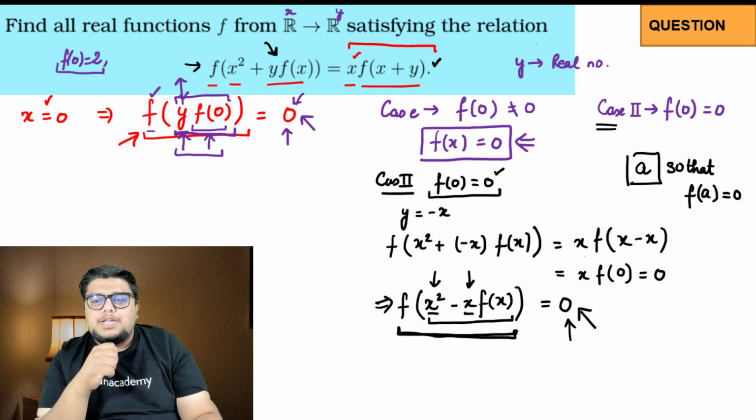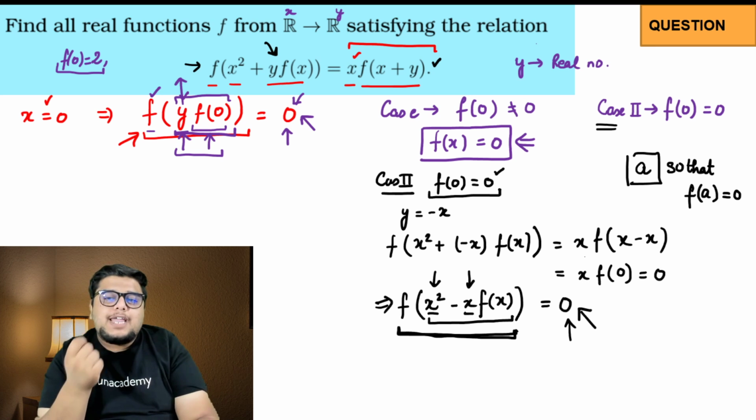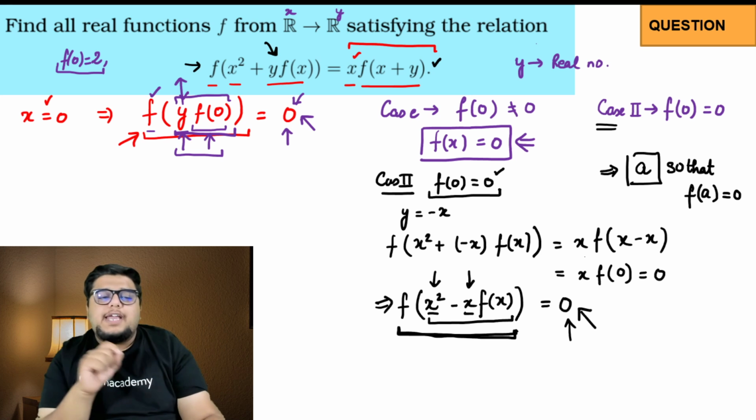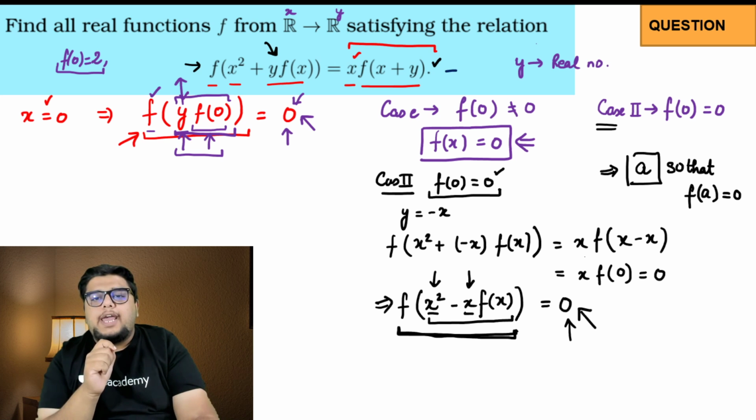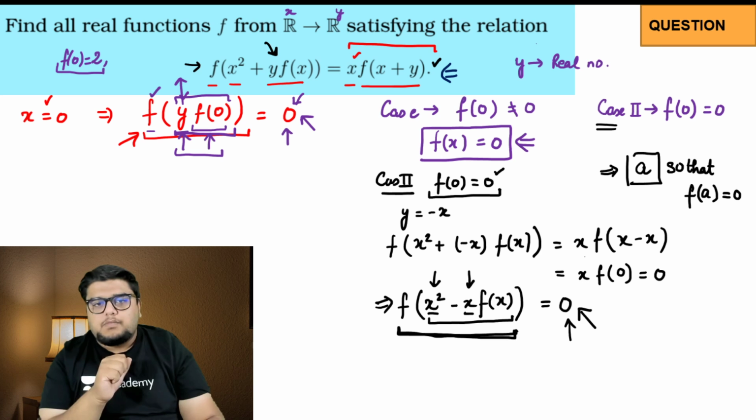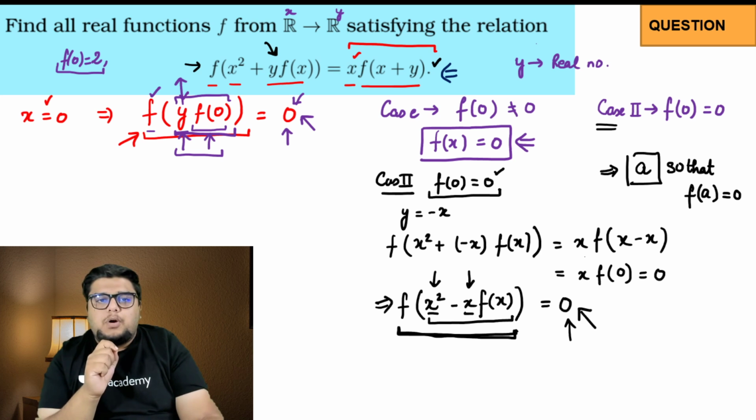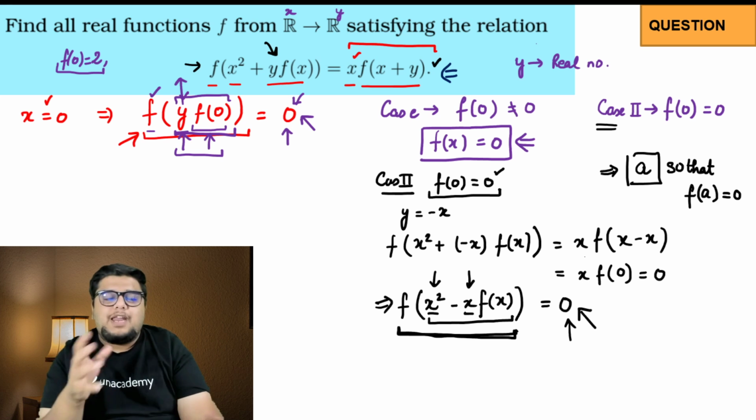What I'm going to do now is, if I have said that I'm taking a value a and I'm saying that f of a is equal to 0, the next step would be, I will put this value a inside this function. I will put x as a and I will let y remain y.